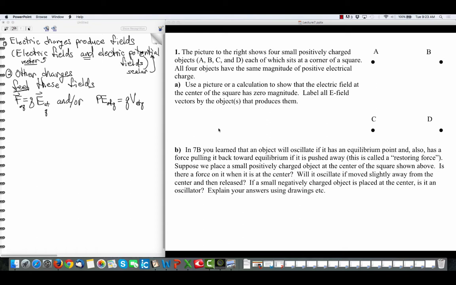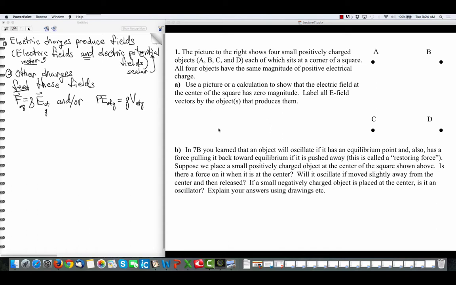This idea of fields is invented, basically, to talk about forces between two things that aren't in contact with each other. So if there's two objects that are separated from each other by a big distance, and yet they're both positively charged, and you can tell that they're pushing away from each other, that's what this idea of electric fields is meant to represent.